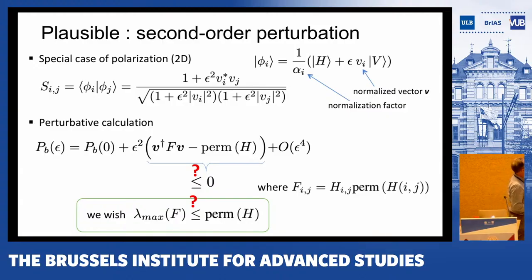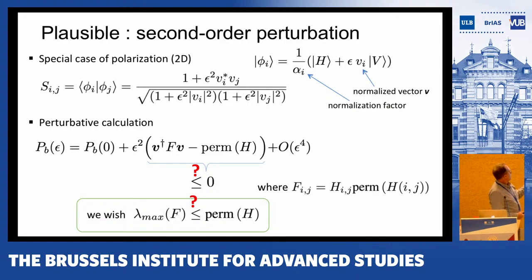And it so happens that it's very easy to compute the epsilon square term, and it depends on this quantity, which of course we wish to be negative, if it was true that we had a local maximum. Another way of saying it is that this quantity will never be above the largest eigenvalue of f. I won't spend time on this, but f may be defined. It's some positive semi-definite matrix.